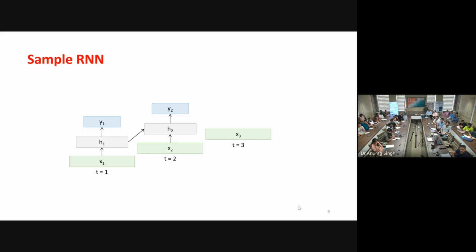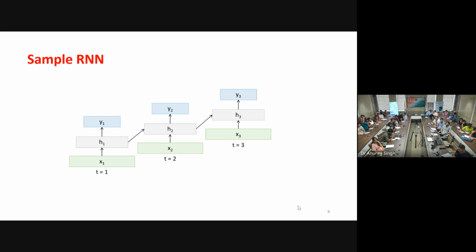Based on these two inputs, it is going to give output. Now at the next stage, what will happen? You will find that s2 will go as an input. X3 is my next input. Based on these, I am going to compute the output at t equal to 3. So let's say if you have a sample of length 3, I can compute the output at the various units y1, y2, y3.